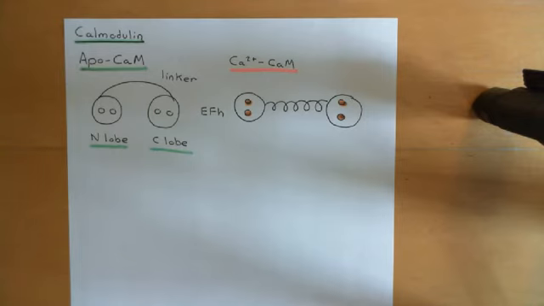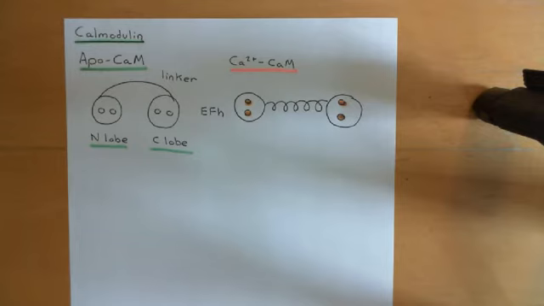Okay, and this now is a calcium-calmodulin complex. So when you get calcium signals occurring within the cytoplasm of cells, the apocalmodulin molecules start binding calcium ions, and they change from being apocalmodulin molecules to being calcium-calmodulin complexes.